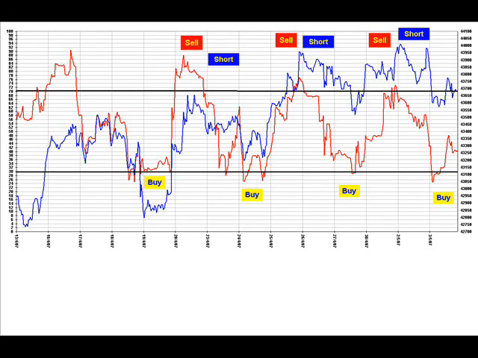It uses more than anything else volumes, because I believe that in intraday or short-term trading, volumes are the most important part of understanding the market. You cannot understand the market if you don't see where volumes are going.